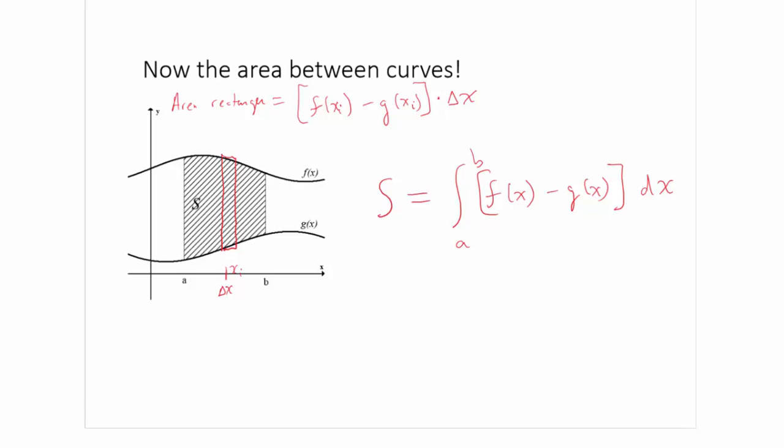This is how we can find the area between curves. We take the integral from the lower limit to the upper limit of the upper function minus the lower function, with respect to the variable.